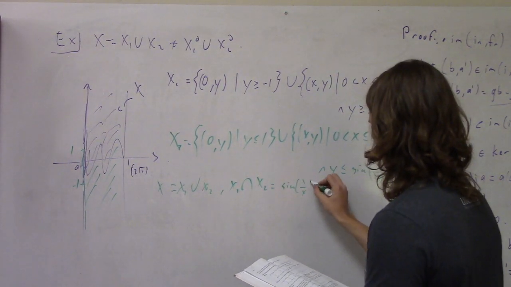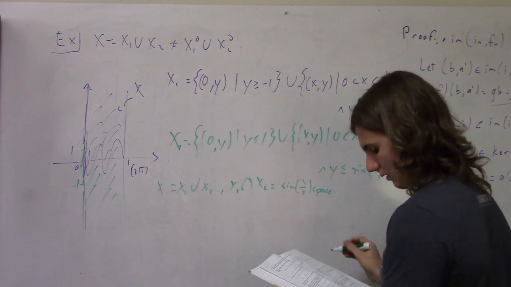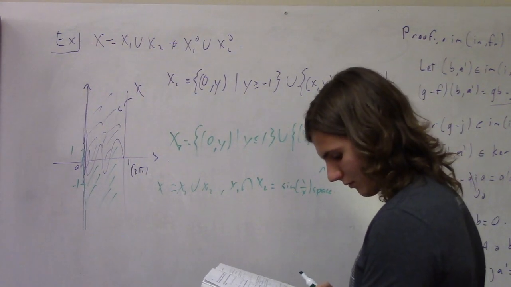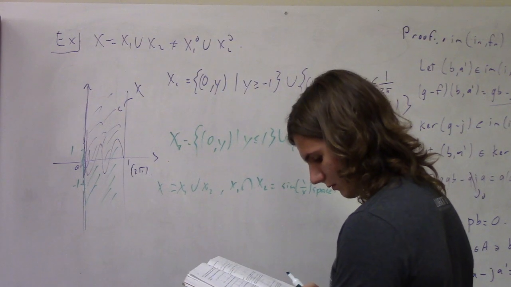So he calls the graph of y equals sine of 1/x, unioned with the interval -1 to 1, the sine of 1/x space, I guess.